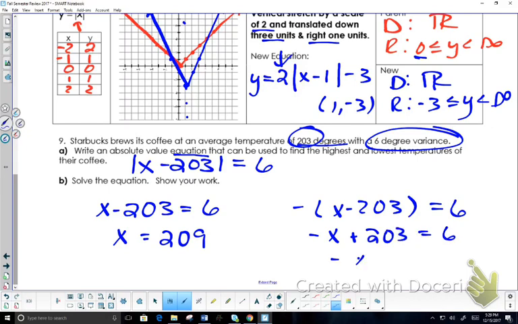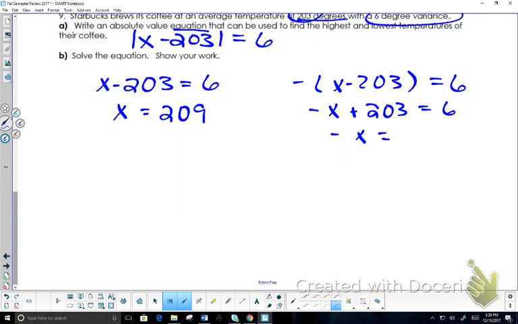And I got -x equals, if I subtract 203, I get 197. And I multiply across by -1 or divide by -1, and I get 197. So my solution would be the lowest temperature could possibly be 197, and the highest temperature could be 209, which is exactly what I just told you about 2 seconds ago.